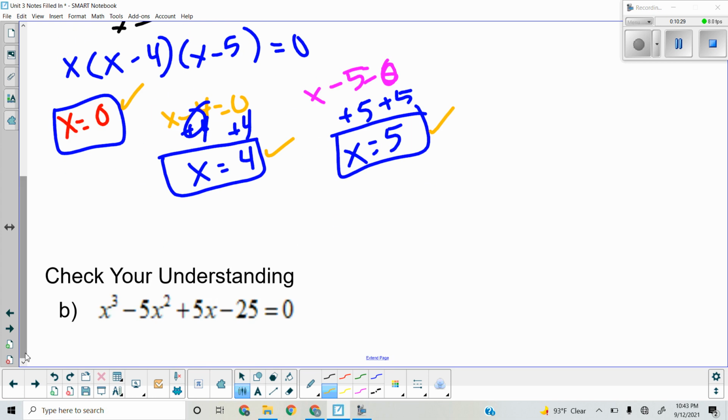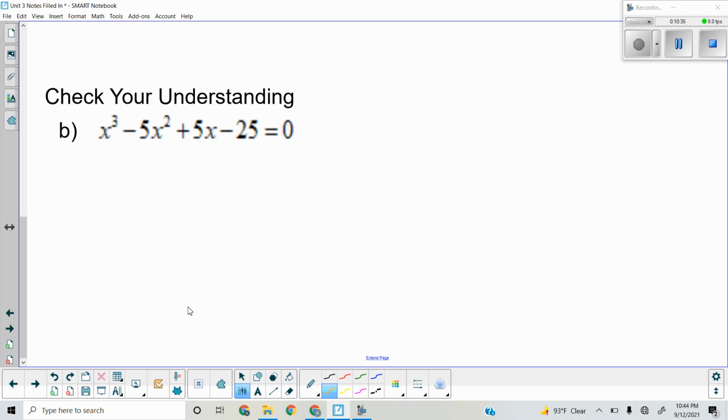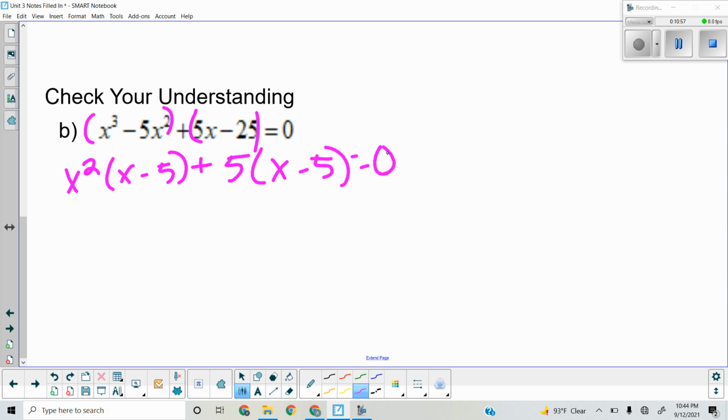So now try this one yourself. So for this one, we're grouping. So we can take out an x squared. So we get x minus 5. Plus we can take out a 5, getting x minus 5. x minus 5, x squared plus 5 equals 0.